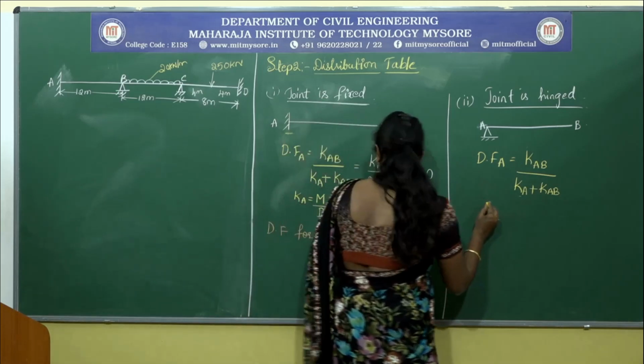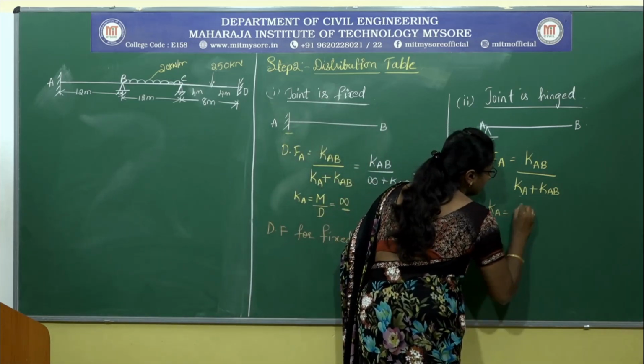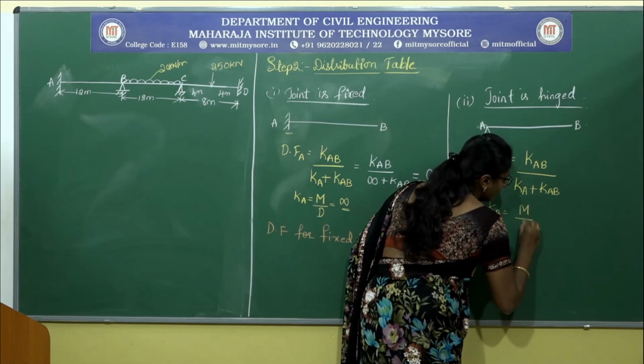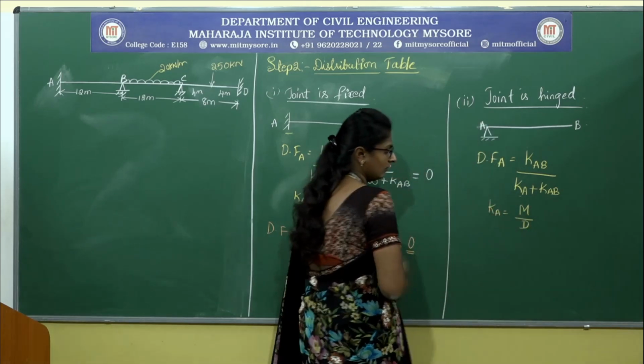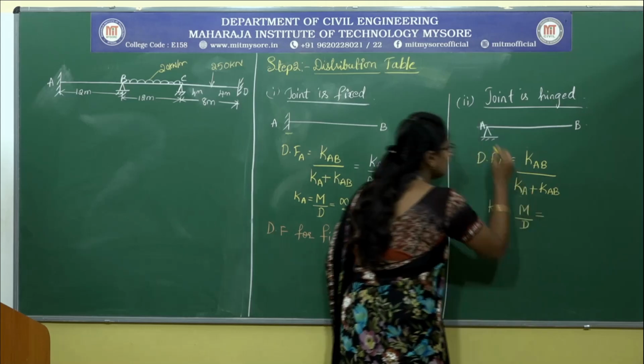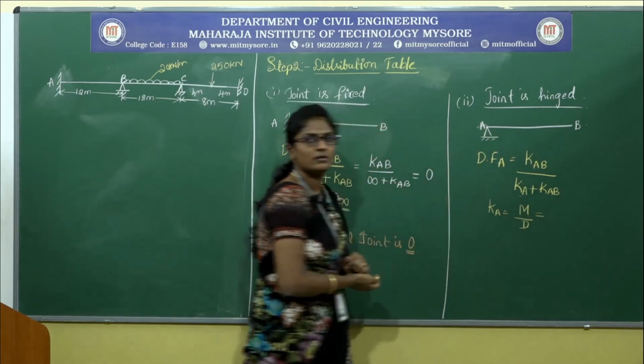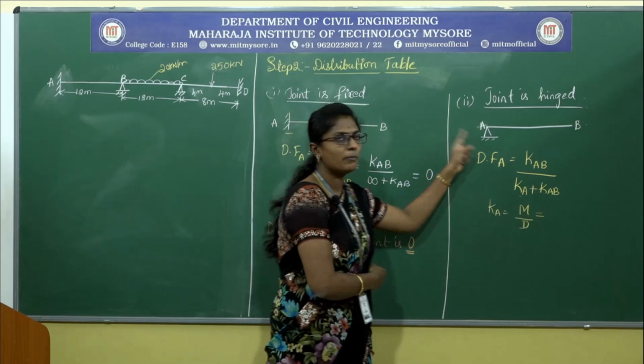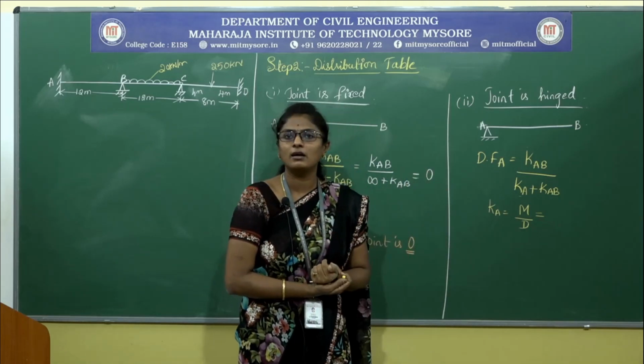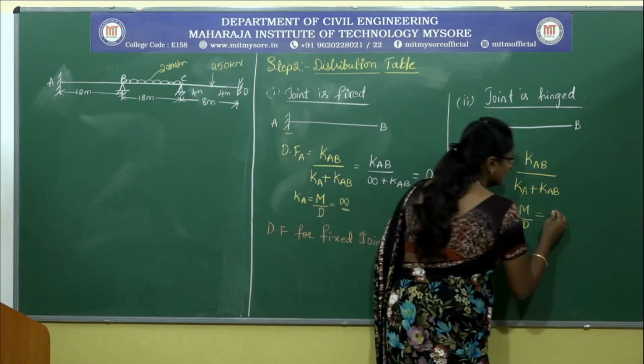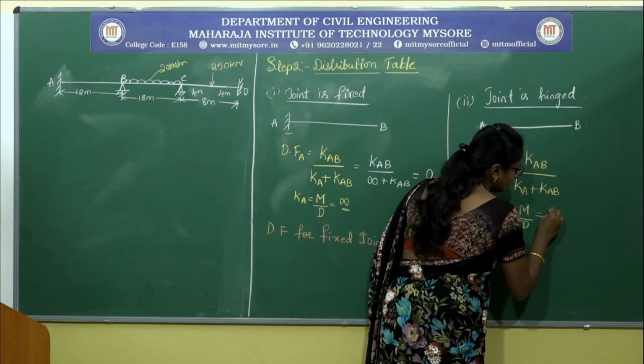Even here we know Ka as the moment required to produce unit deformation. So what is the moment acting at the hinged support? As we all know, the hinged support cannot take the moment. So I consider the moment here as 0.